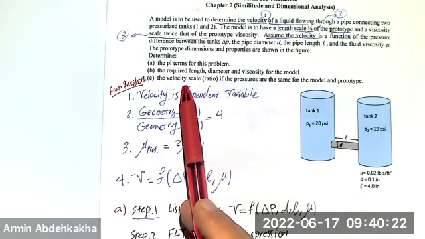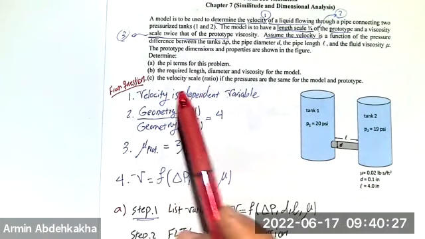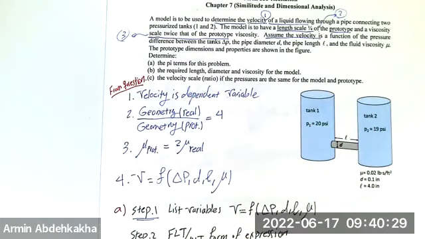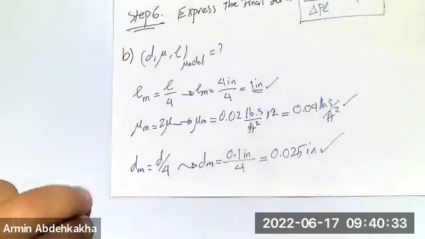You don't know the velocity in the real one, and you also don't know the velocity in the prototype because you didn't do the experiment. But you can find the ratio, using the pi terms.